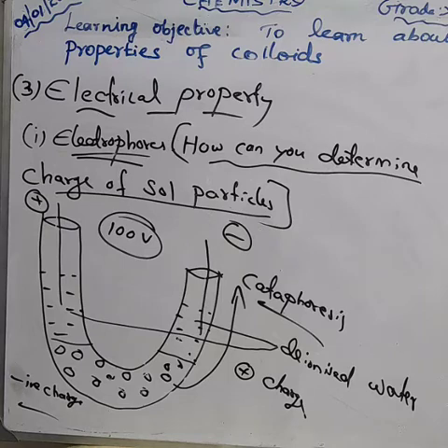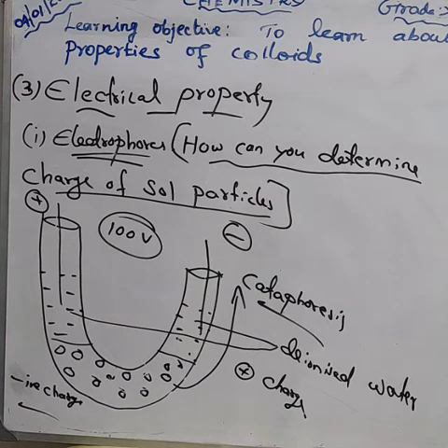If the colloidal particles have a negative charge, they are attracted by the positive electrode. Suppose the colloidal particles have a positive charge, it means they are attracted by the cathode. Am I right? Yes or no? So any one of the limbs may rise.